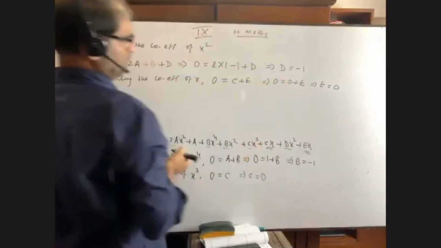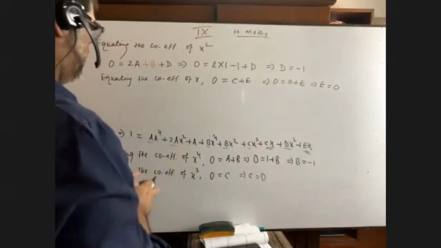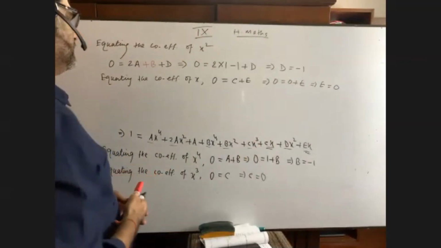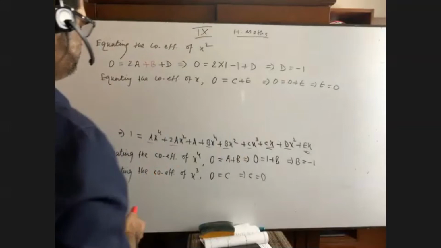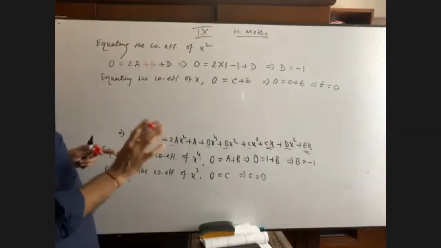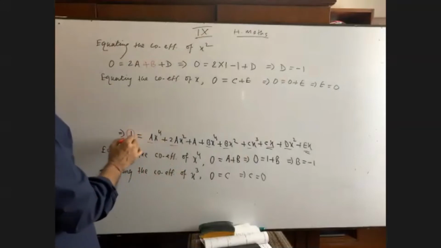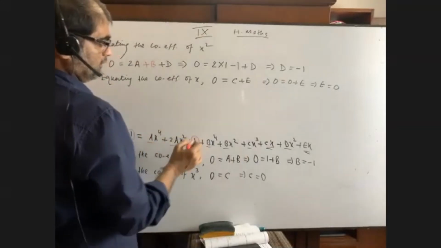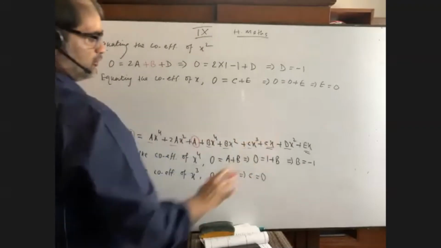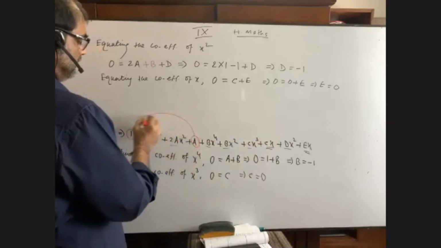Our math is done. But the interesting fact is that if I equate the constant term, then there is no other constant. So what is the value of a? a equals 1.